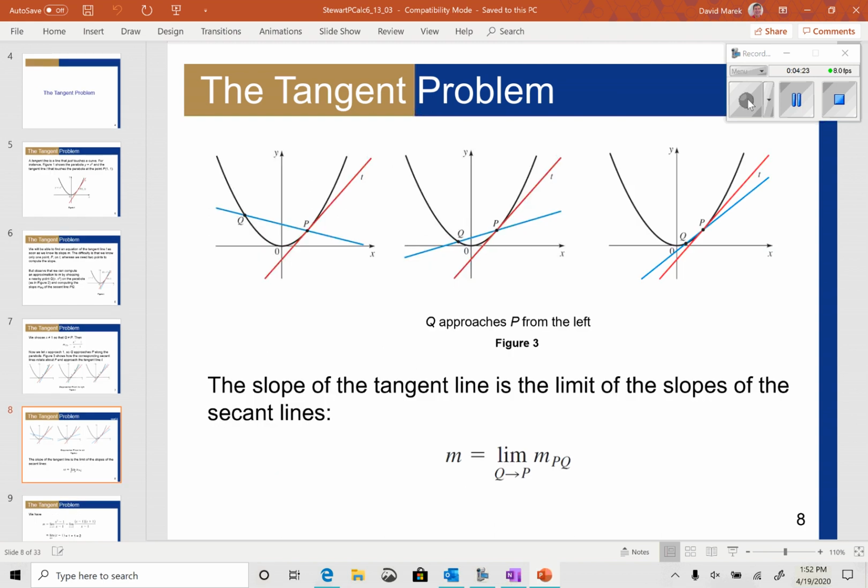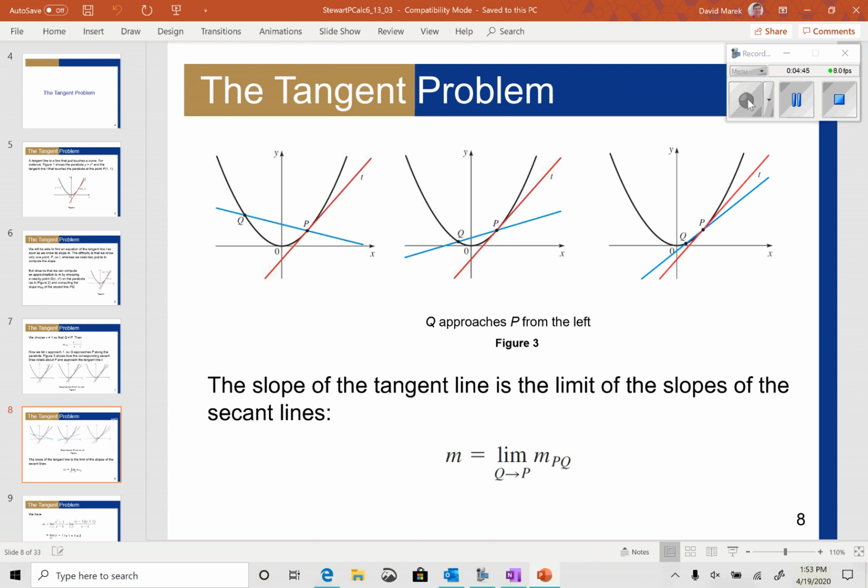We can even put point Q way over there, somewhere on the left. Now, hold on, the blue line has a negative slope, and the red tangent line is positive. But then we move point Q a bit closer to point P, so it switches from a negative to a positive slope.